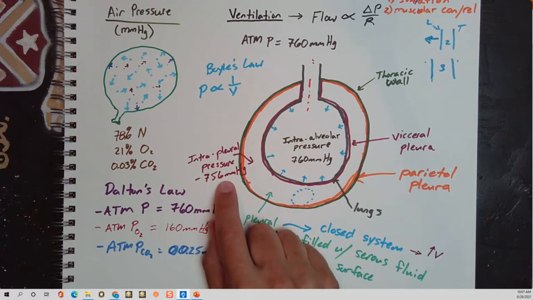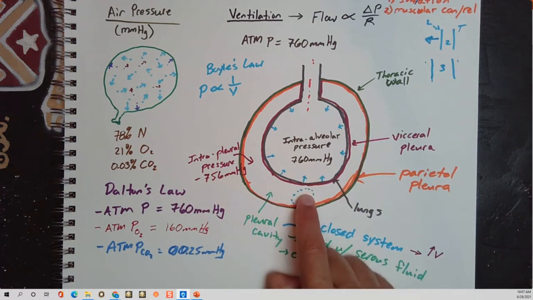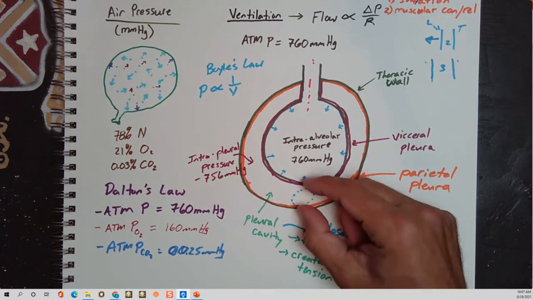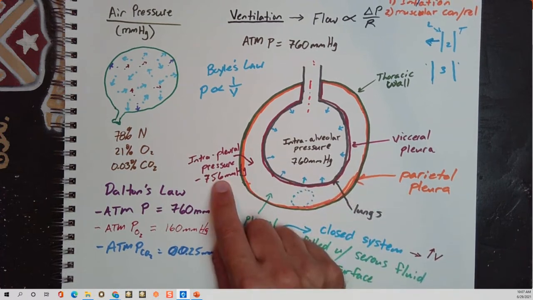This is all due to Boyle's law. Because the lungs are elastic, the volume inside the pleural cavity space is going to be slightly bigger than it would be otherwise, decreasing the pressures in that system.